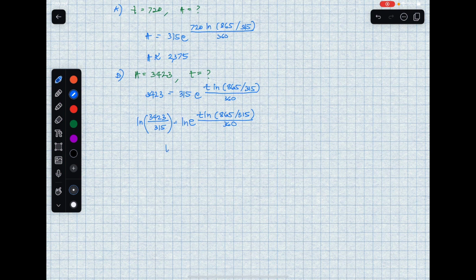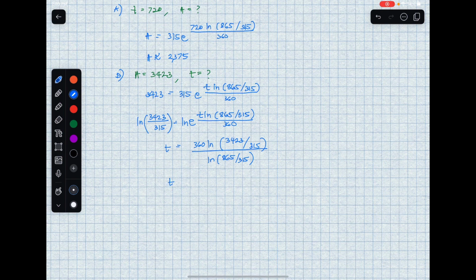t then is equal to 360 ln of 3,423 over 315 divided by ln of 865 over 315. So 360 ln 3,423 over 315 divided by ln 865 over 315.